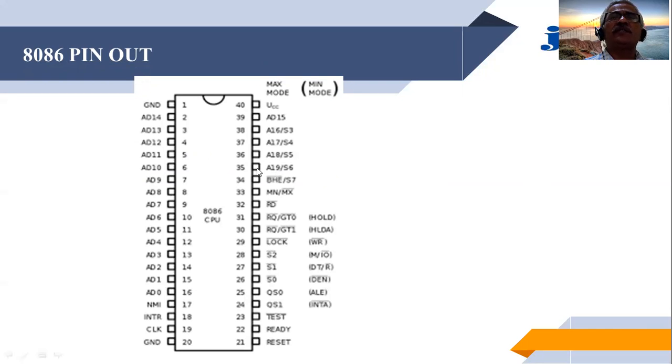The pins A19 going down to A14 and on to A0. That means the 8086 has 20 address pins. Of course, many of the pins are dual function. For example, the lines AD0 to AD7 carry address as well as data. The upper address lines A16 to A19 are also used to carry status information.